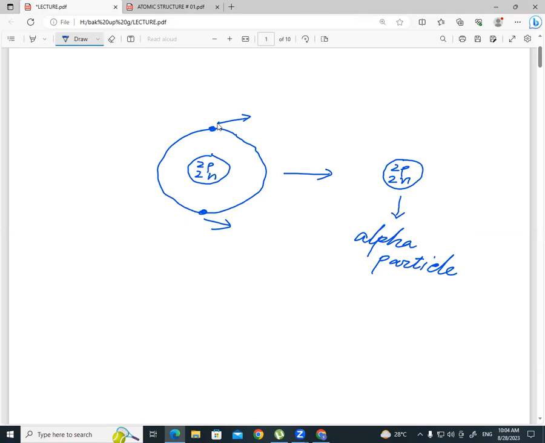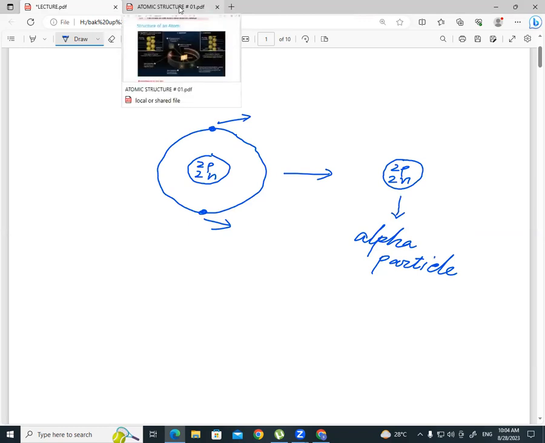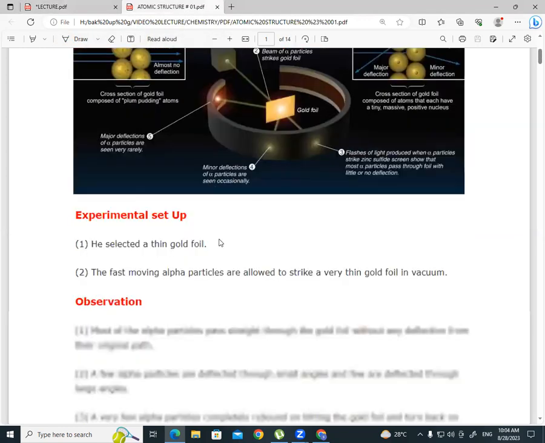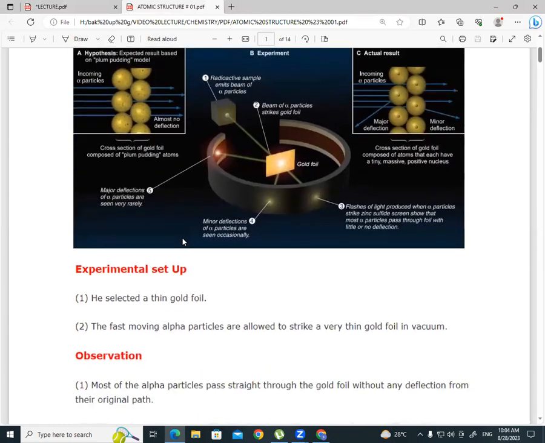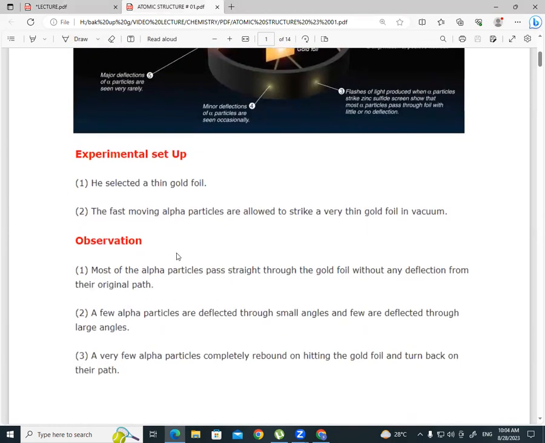Due to the presence of protons in the nucleus, the alpha particle has a positive charge. Now, this is the experiment, and you can see what the observations were. First, most of the alpha particles pass through the gold foil without any deflection from their original path.